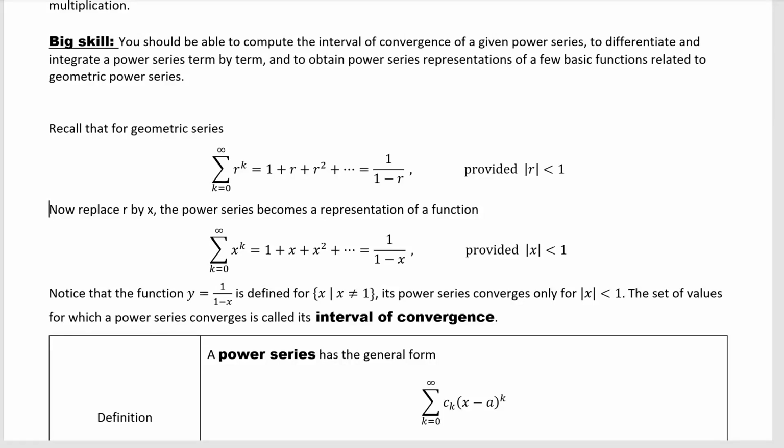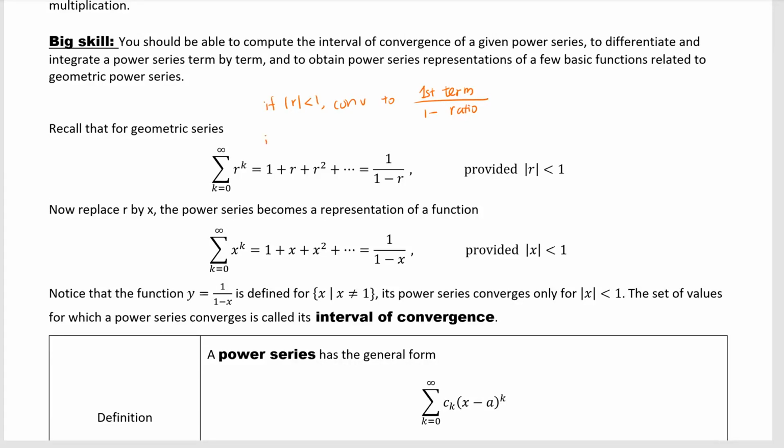And we remember this geometric series converges if the absolute value of the ratio is less than 1, and it converges to the first term. Okay, so if absolute value of r is less than 1, then the series converges to the first term over 1 minus the ratio r.